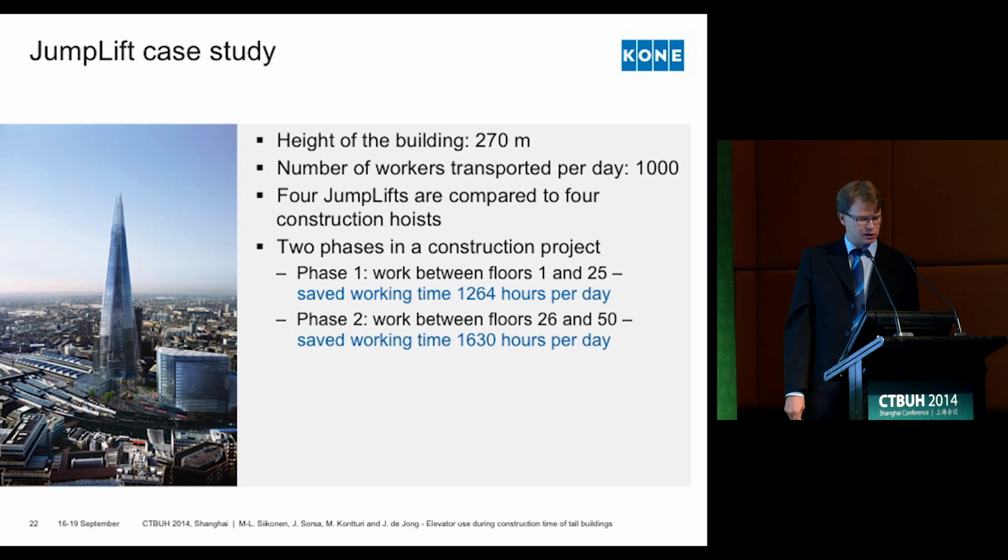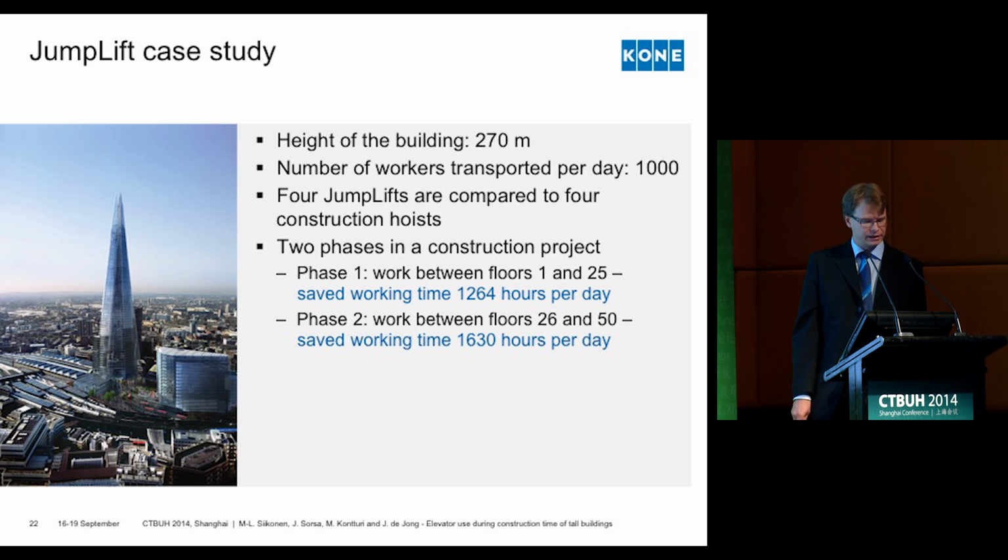So in this comparison, 4 jump lifts are compared with 4 construction hoists. And it is assumed in the calculations that each worker uses vertical transportation 4 times a day. First time in the morning, then twice during the lunchtime, and then again once in the evening when they are going back home.